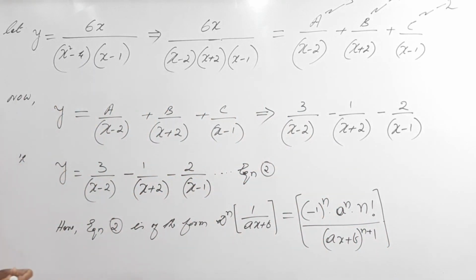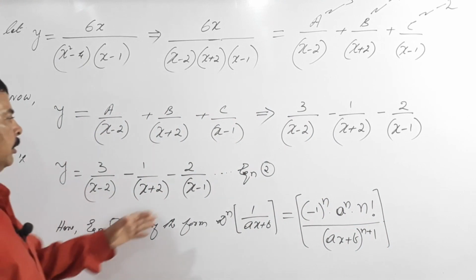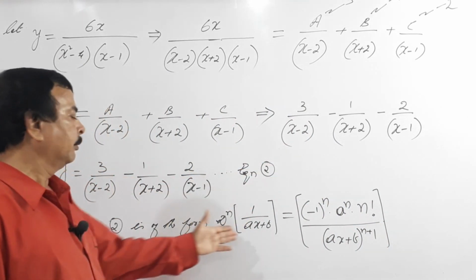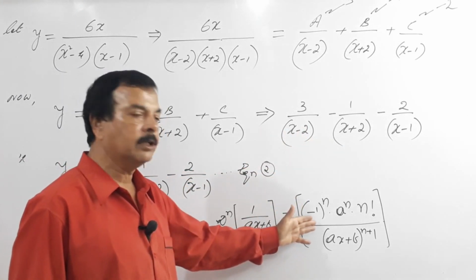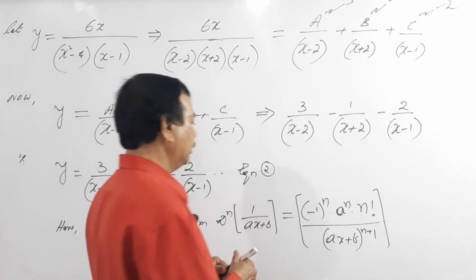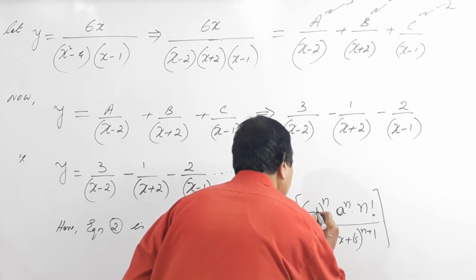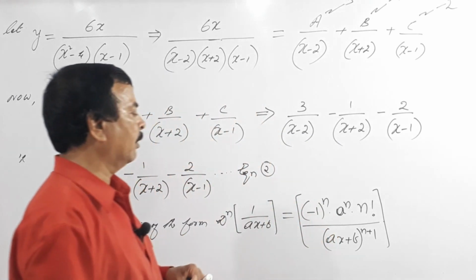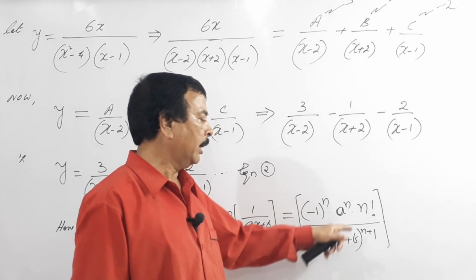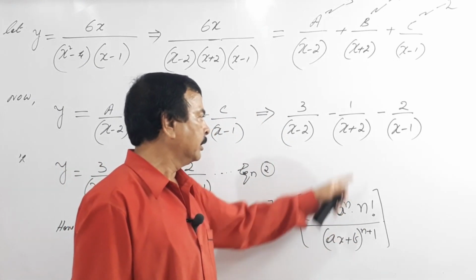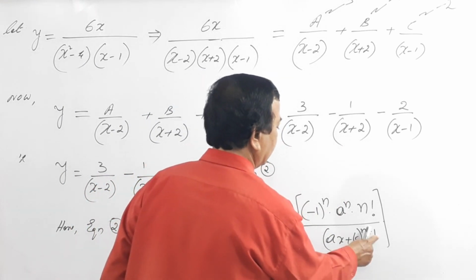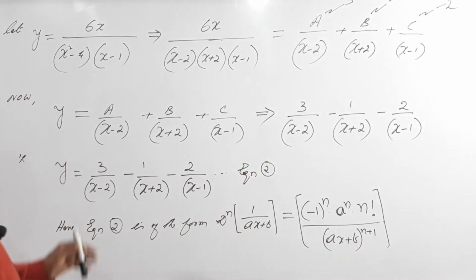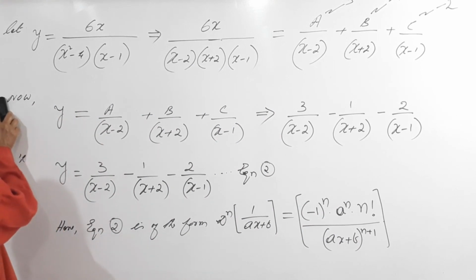So this equation is of the form 1 by ax plus b, and the solution is minus 1 to the power of n, a to the power of n, and n factorial divided by ax plus b to the power of n plus 1. So we'll apply this to this problem now. I'll rub this.